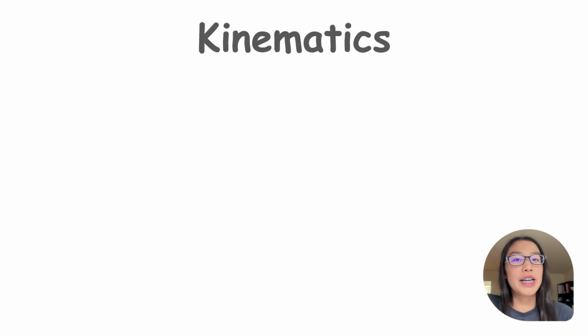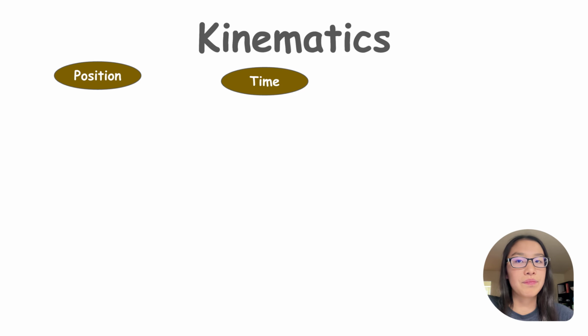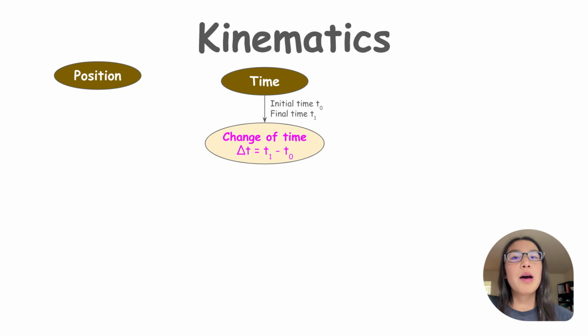To describe motion accurately, we need two fundamental physical quantities, time and position. From time, we can get to change of time by looking at the initial and final time of the motion. The change of time, often written as delta t, is simply the difference between the final time, t1, and the initial time, t0.